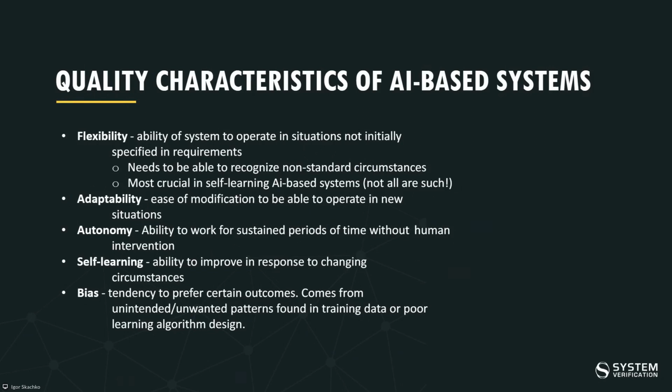The thing about bias is that we can get an AI-based system which tends to give certain types of advice or responses versus some other response, which isn't really grounded in real data, but rather in some bias, which is kind of a subjective opinion of the system itself, which we try to avoid, of course.